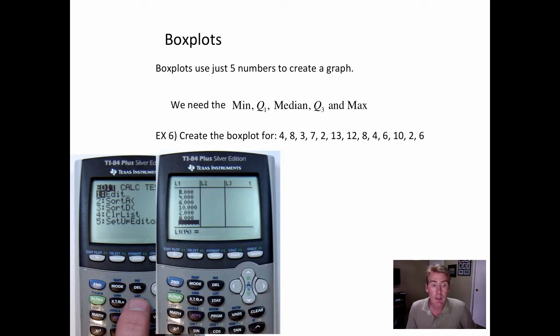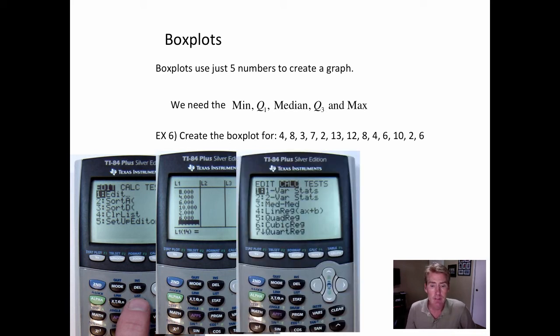So anyway, you go to Stat, Edit, type in the numbers. Okay, type in the numbers. All right, here we go. And then you go to the one variable statistics.